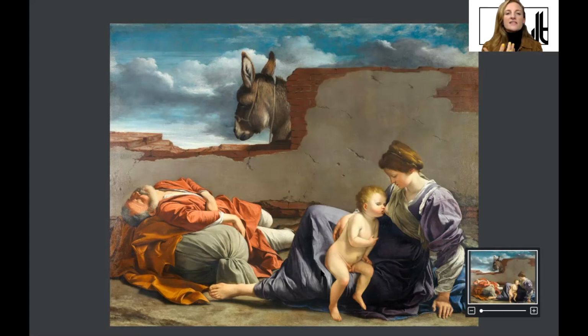So not only is it constructive, but it's also metaphorical, based on the story that we're looking at. Of course, the coming crucifixion, the coming Passion, which so often is hinted at in images of the Christ child, of Jesus when he's a baby.